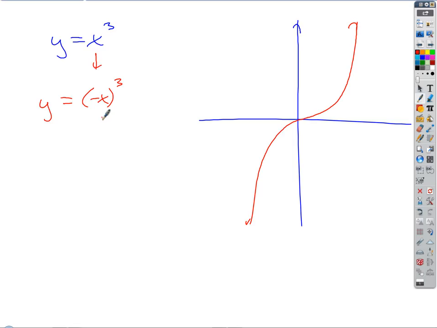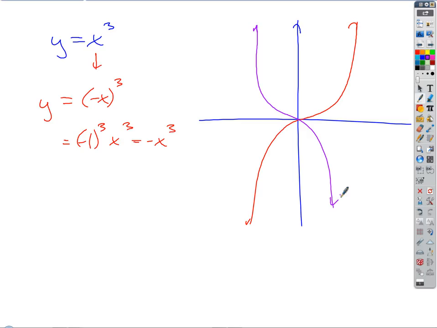That just becomes negative x cubed, doesn't it? I could think of that as negative 1 cubed times x cubed, which is negative x cubed. So if I graph that, it looks like that. So that did do the job, didn't it?